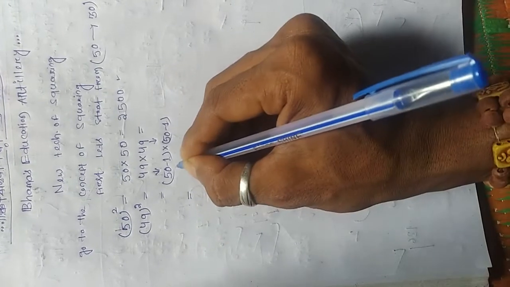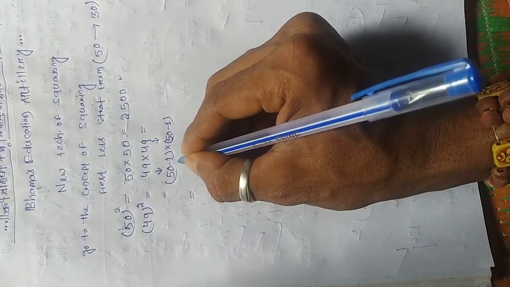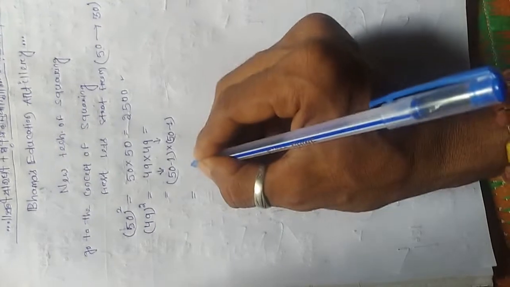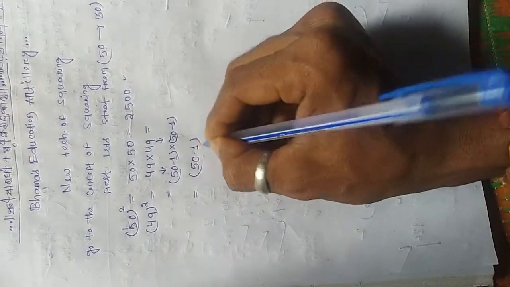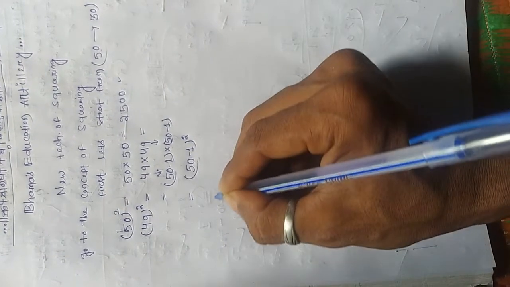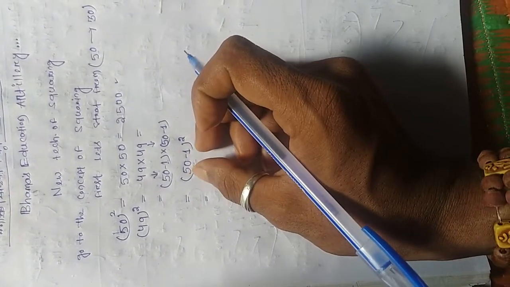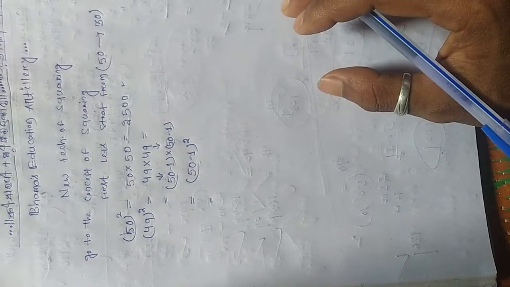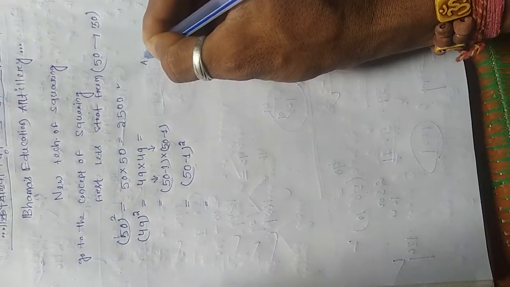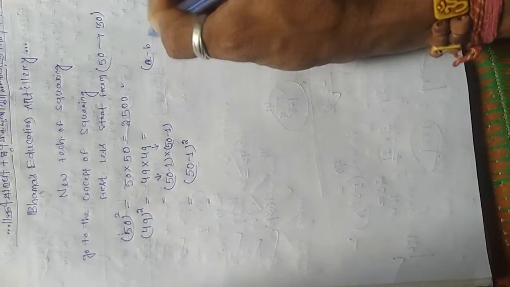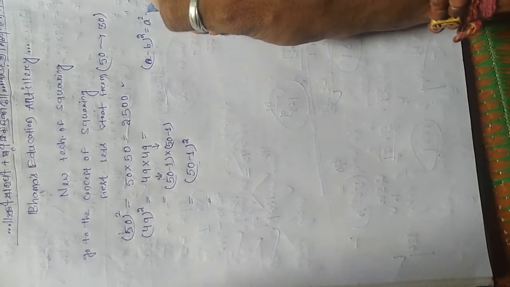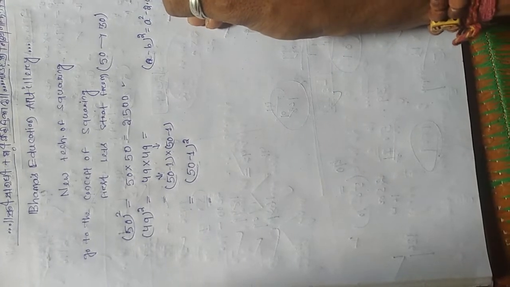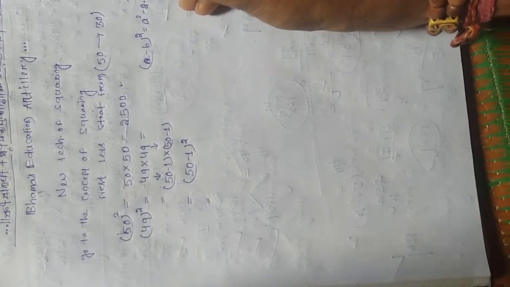So 50 minus 1 into 50 minus 1 is 50 minus 1's whole square. Let's put the formula we have learned: a minus b's whole square is equal to a square minus 2ab plus b square.